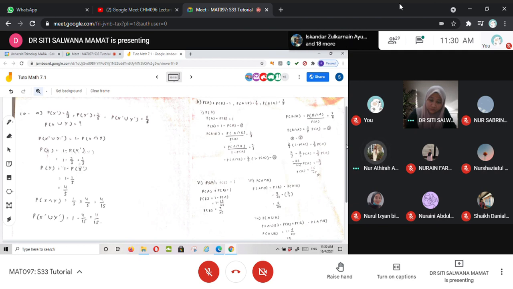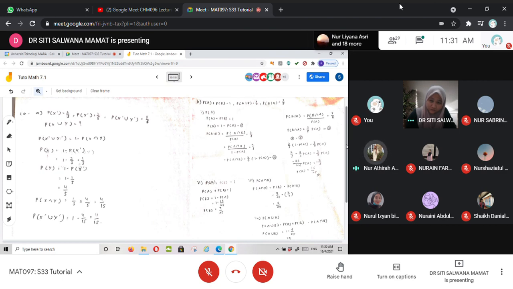And then I do P(B given A) equals P(B intersect A) over P(A) equals 3/8. Then I get P(B intersect A) equals 3/8 P(A).